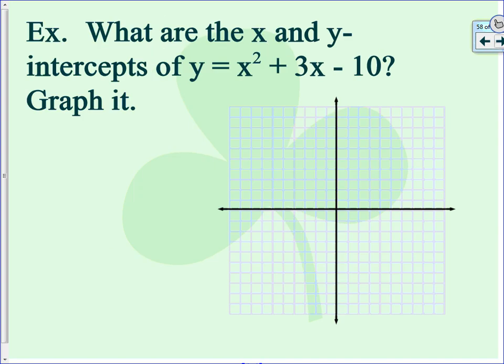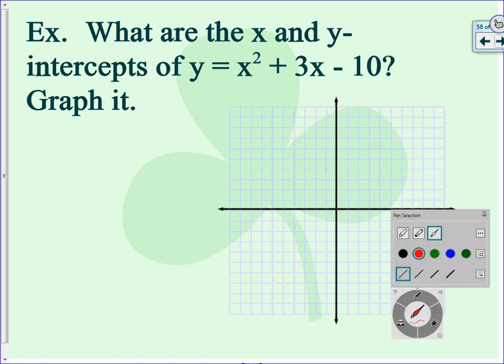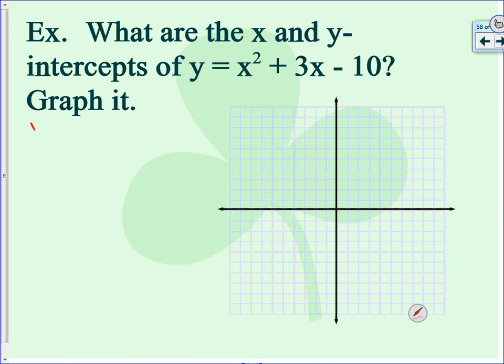All right. So let's look at another parabola. We know it's going to be a parabola because the highest power is x squared. Let's find the x-intercepts and the y-intercepts and then graph it. So the x-intercepts occur when y equals 0. So to find the x-intercepts, I'm going to plug in 0 for y.